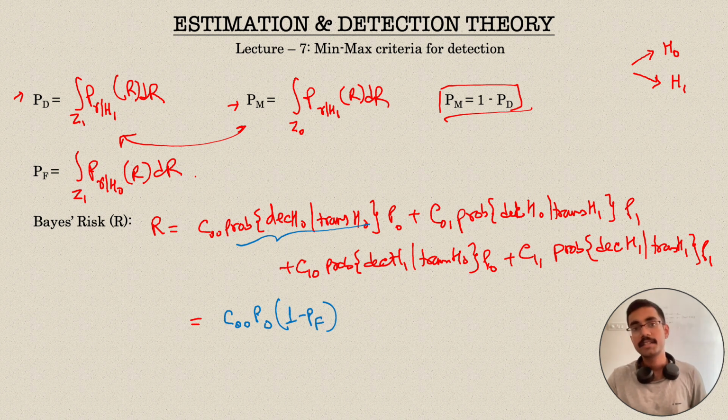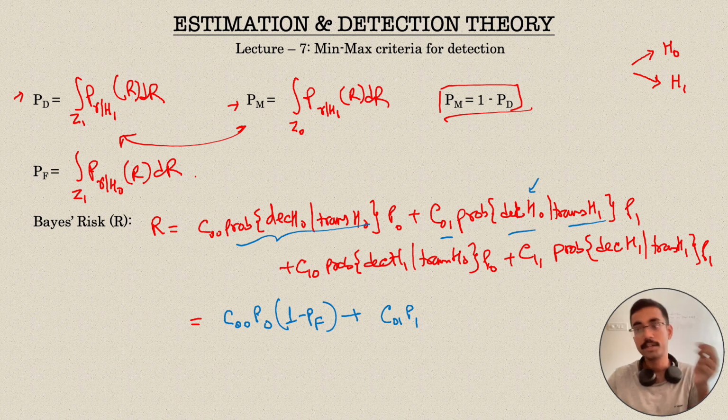If transmitted is H0 and detected is also H0, then it comes to be 1 minus P of false alarm. The entire region comes to be 1 minus P of false alarm, because P of false alarm is under the region Z1 under the hypothesis H0. Okay. Likewise, we have C01 P1 and transmitted H1 but detected H0.